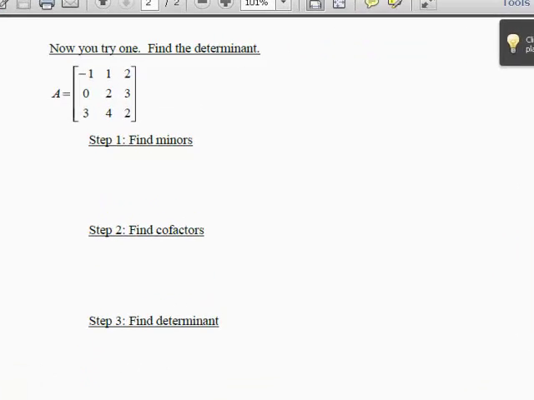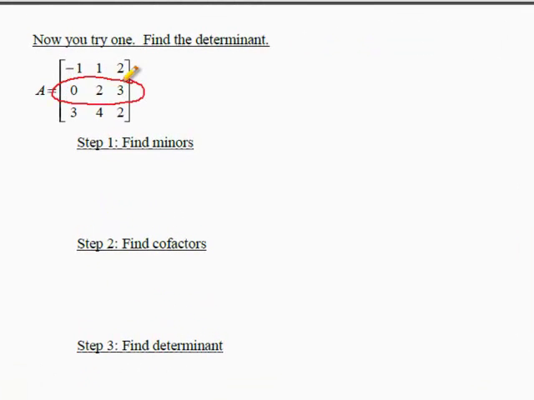Now I am going to pick this second row, first because it has a 0, and secondly because all the other numbers are positive. And if I'm doing that, then I only need the minors for row 2, column 1, the minor for row 2, column 2, and the minor for row 2, column 3. And then I don't have to spend the time looking at everything else.